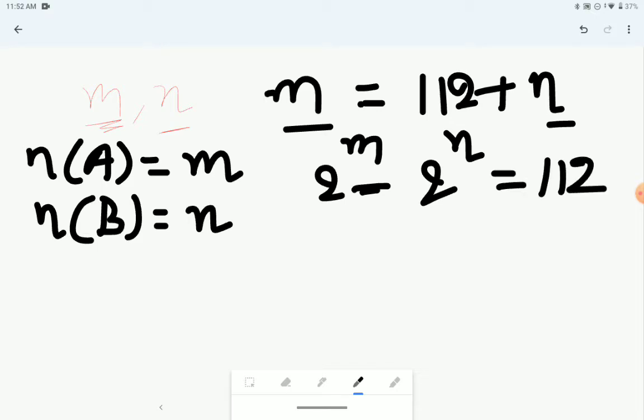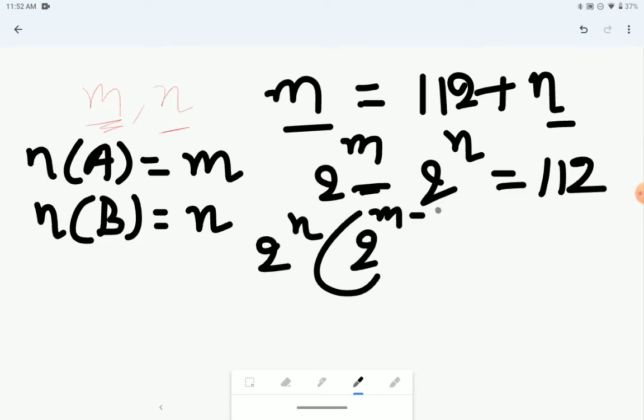Here also we can use the trial and error method and solve this equation, but doing this takes a lot of time, which everybody does. But we should be clever, to get a good rank. So take 2 power n common, then it will become 2 power n into (2 power m minus n minus 1), which is equal to 112.